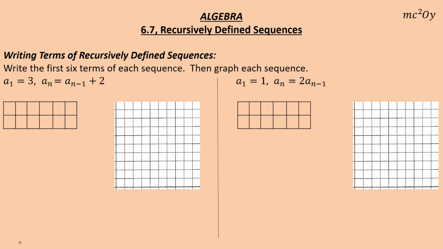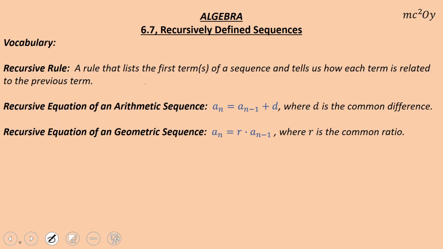If I gave you the sequence 2, 4, 6, and asked what the next value is, most people would say 8, because I'm adding 2 every time. Really, that's what the recursive rule for an arithmetic sequence says.